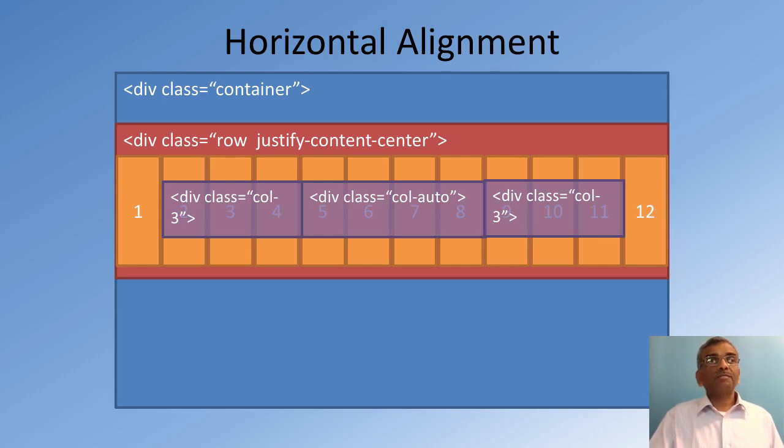Now, if you specify for the row justify-content-center, then the entire content in this particular row will be centered horizontally with respect to the row. You can also have the content left justified, right justified, and a couple of other options. Details are in Bootstrap's documentation.